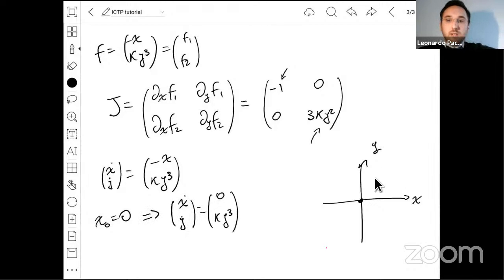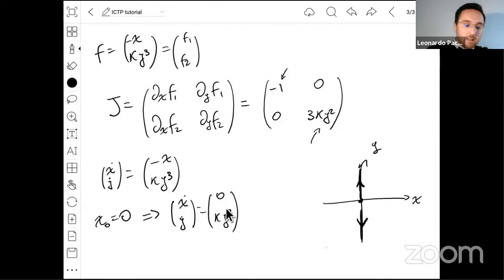So basically, if we start on the y-axis, the system will always move on the y-axis. And you see that y dot will be positive when y is positive and negative when y is negative, because we are assuming that k is positive. So the solutions on the y-axis will move in this direction.